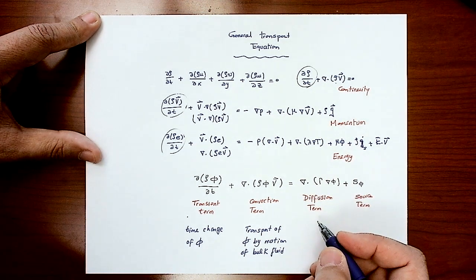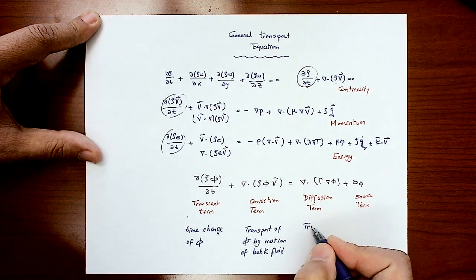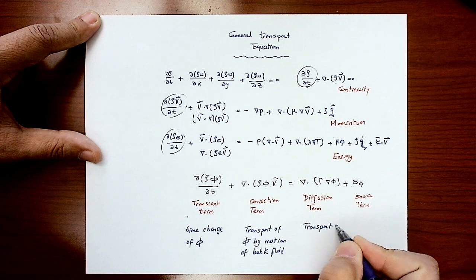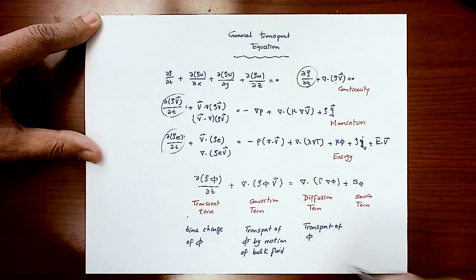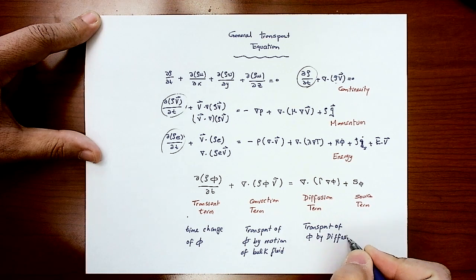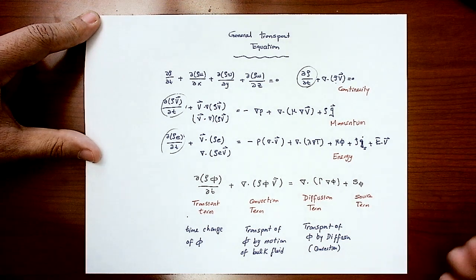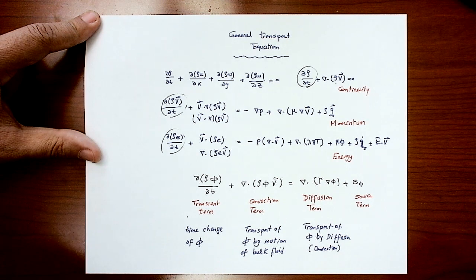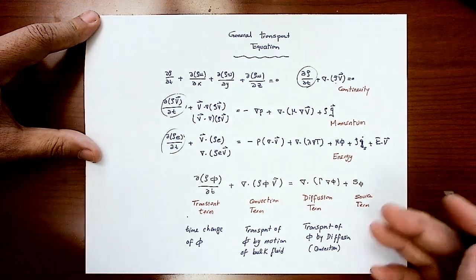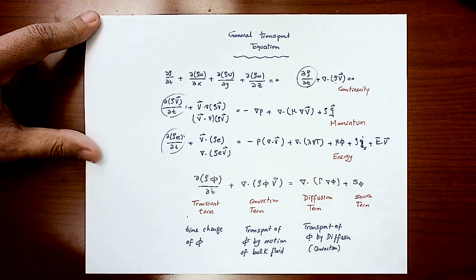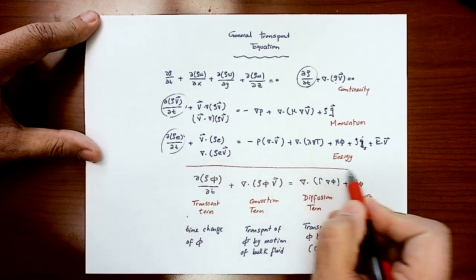The third term here is the transport of the phenomenon phi, or the variable phi, by diffusion. Don't forget that diffusion is simply the motion of the molecules, not the bulk fluid. It's more by molecules. And the last one is the source term. It's an internal heat source, a chemical reaction, or whatever that source is. Okay, so this is what we call the general transport equation.